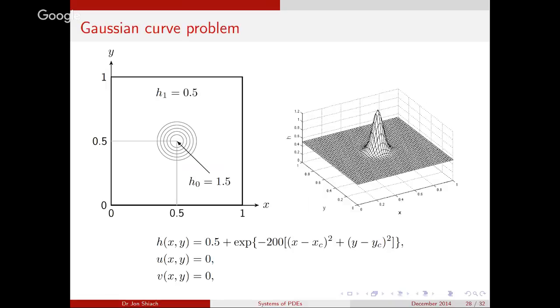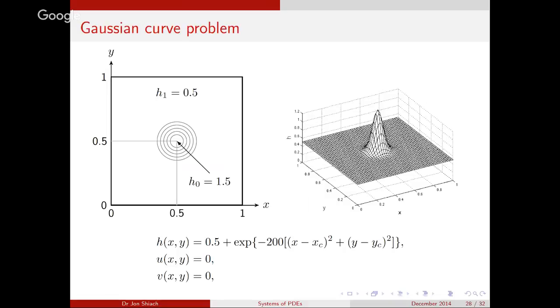Because we've got two domain, I could have a look at a few more examples. This is what's called the Gaussian Curve problem. Essentially what I've done is I've set up this sort of bell shape in the middle of a square domain. So this is your water surface, and I've created a spike in the middle.